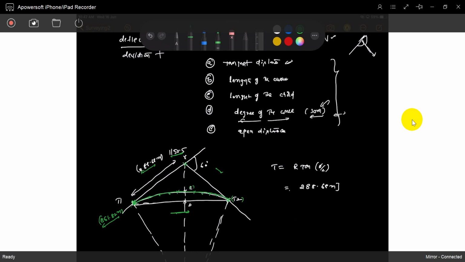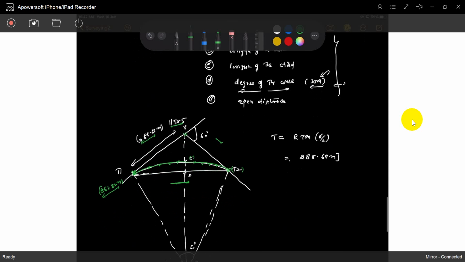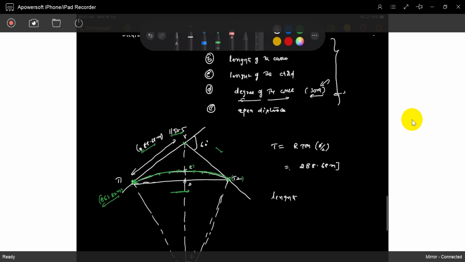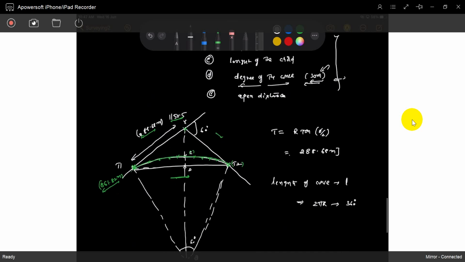Next topic. Now we will go to the length of the curve. How can you find out the length of the curve? If you find the degree of the curve, you can calculate based on that. Otherwise, 2 pi r is for 360 degrees.